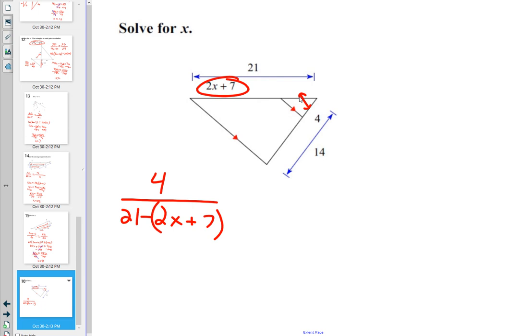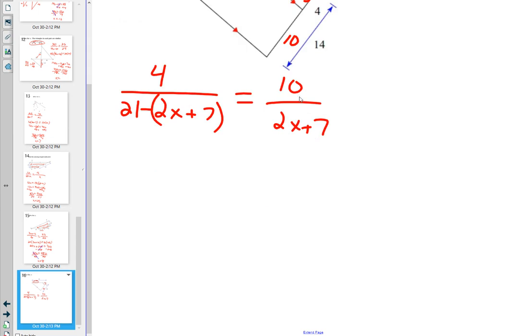And that's equal to the 10, because 14 minus 4 is 10. And that could be over 2x plus 7. I'll solve this real quick, and then if you want to go back and watch it, it'll be on the video.